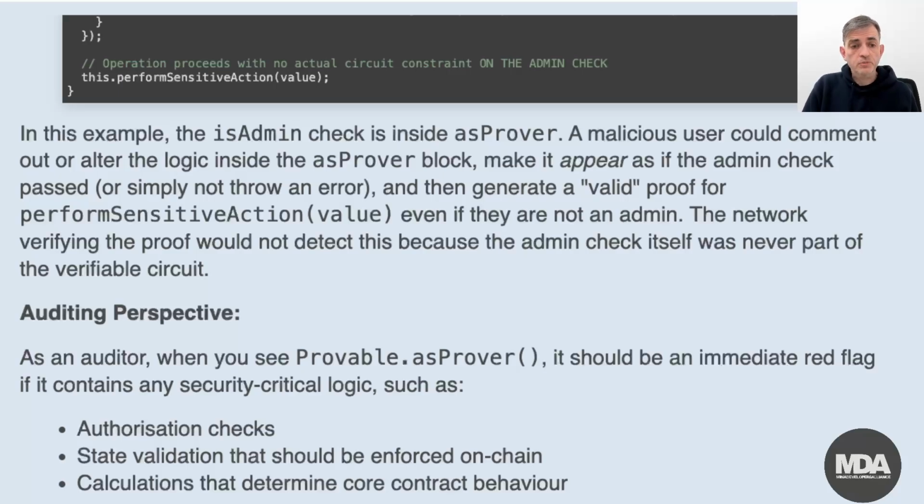So from the auditing perspective then, if you see Provable.asProver blocks, then you really do need to check them and see if there's anything within them that is security critical, such as authorization checks, state validation that needs to be enforced on chain, or calculations that will determine core contract behavior. And any such logic must be expressed using provable types and operations directly within a circuit so that it can be proven.